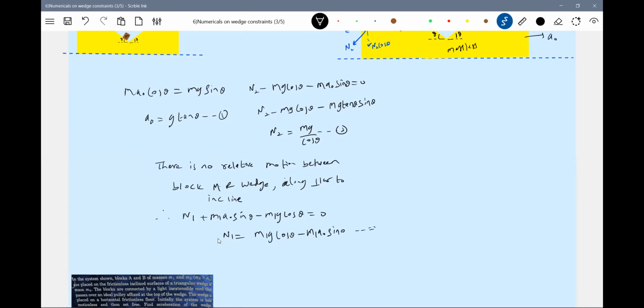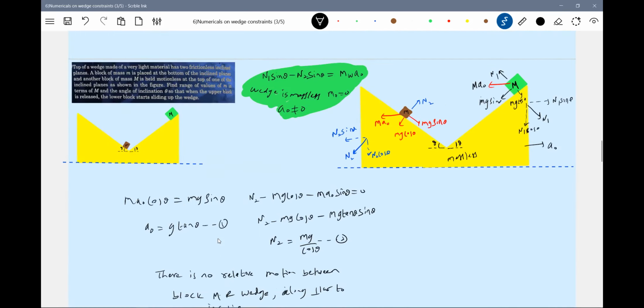The wedge constraint is what I have brought. So solve 1, 2, 3 and you get the required answer, and N1 equals N2.